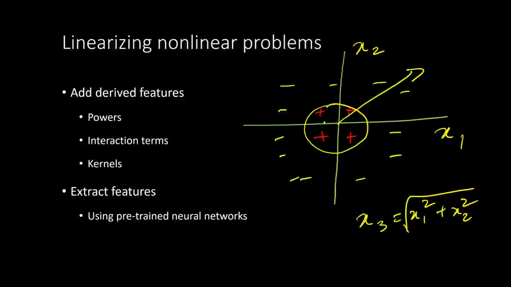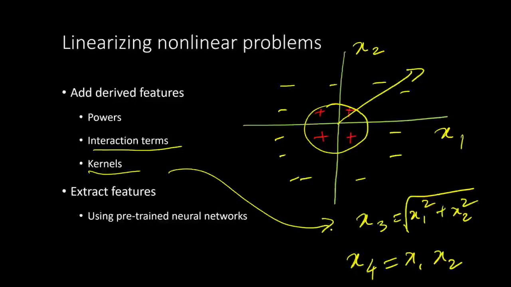So we can linearize the problem by increasing the number of features, by adding new features. For example, we can add interaction terms, which is we can add variables such as x4 equal to x1 times x2, or we can add kernels, for example the one that I just showed here.